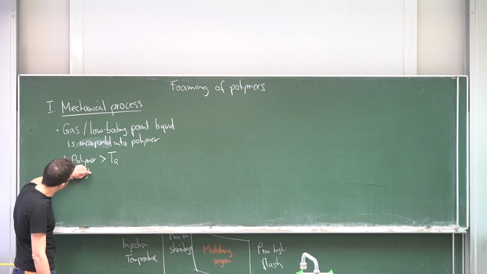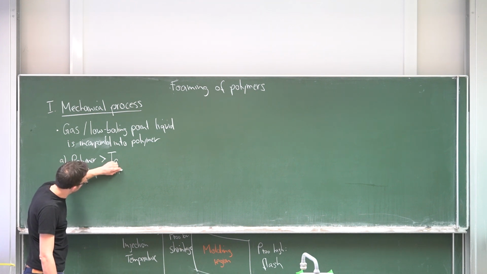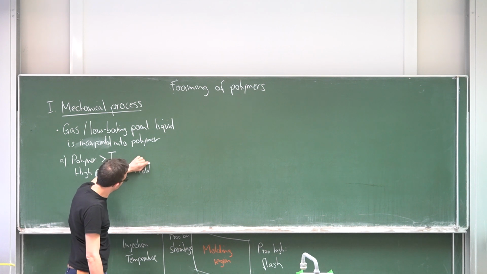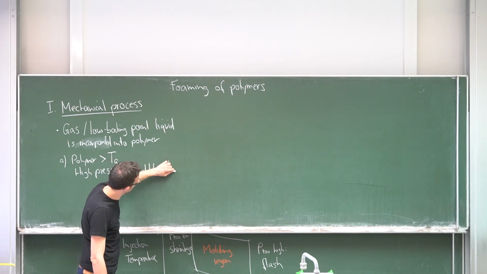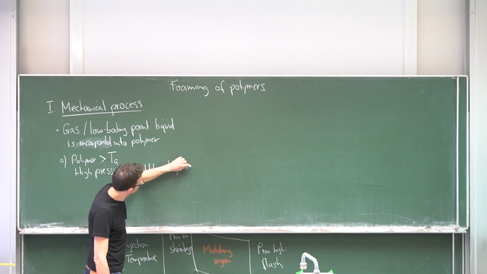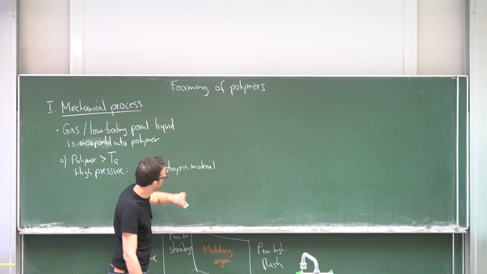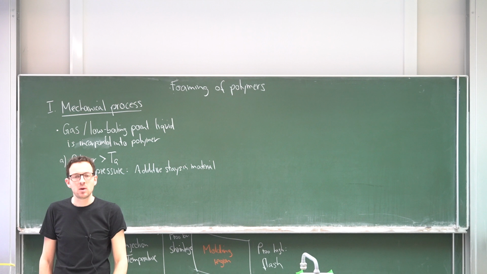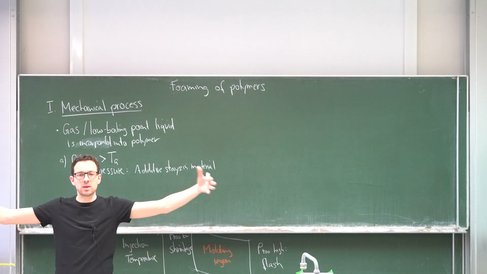So in order to ensure this, we apply a high pressure so the additive stays in the material. So then we can either cool down to trap the material in there, or we can simply release pressure and then it expands.